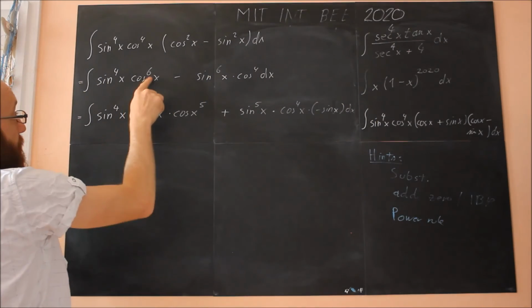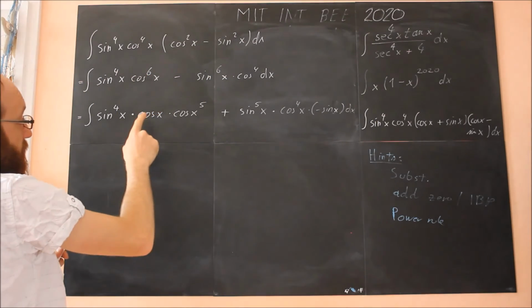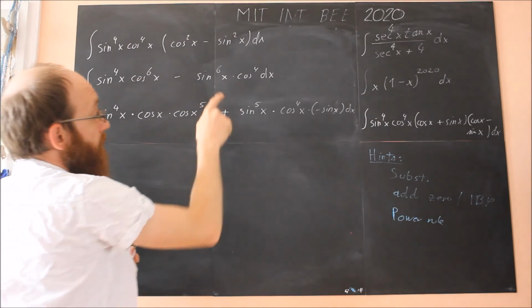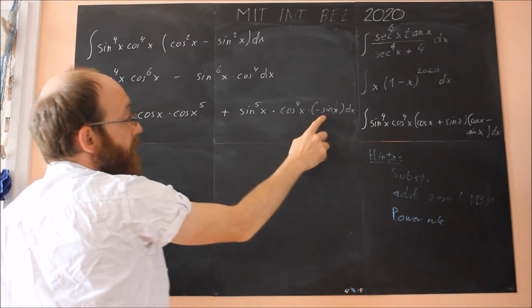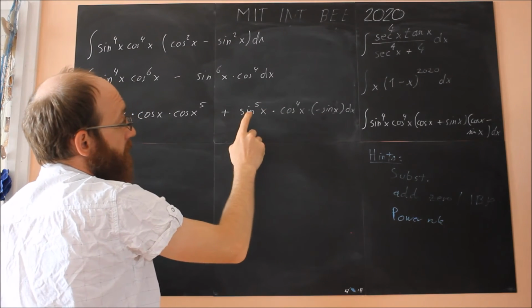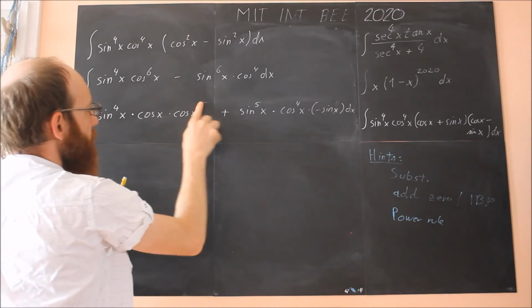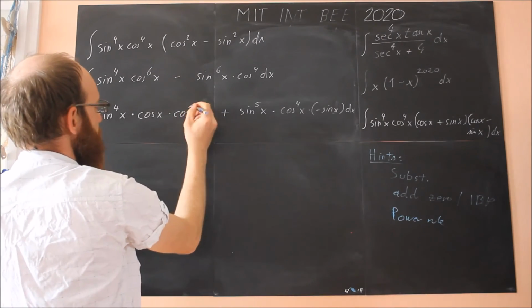Okay, so I split it up, the cosine to the sixth into cosine times cosine to the fifth, and here I took the minus, and then sine to the fifth is left.